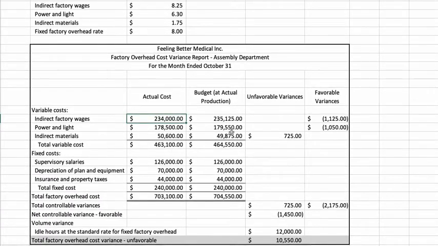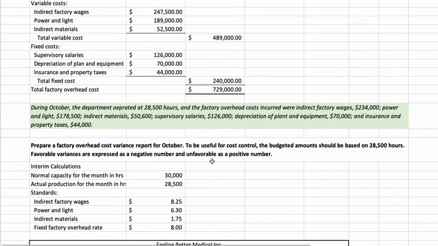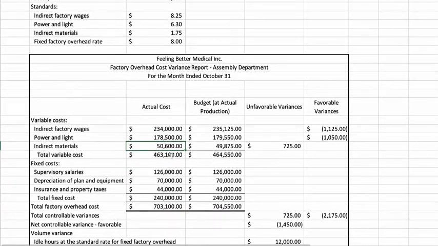So our indirect factory wages, $234,000, power and light, $178,500, and indirect materials, $50,600. All right. And that gives us a total of $463,100.